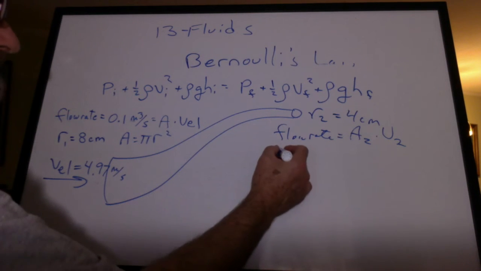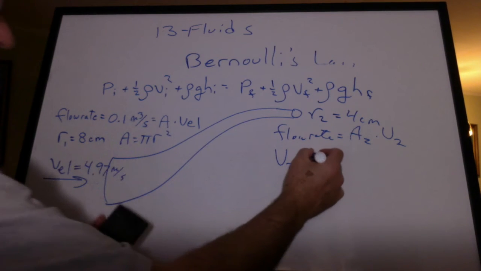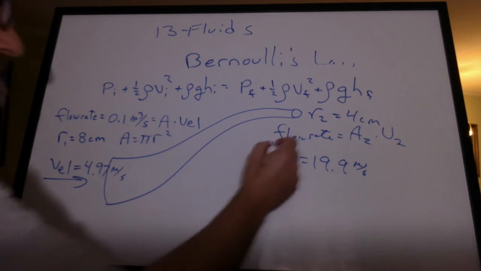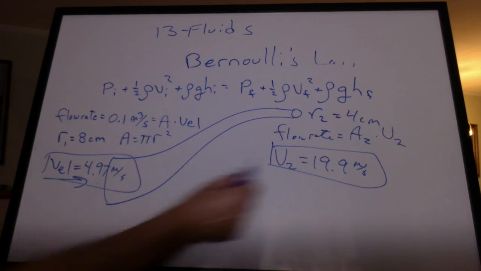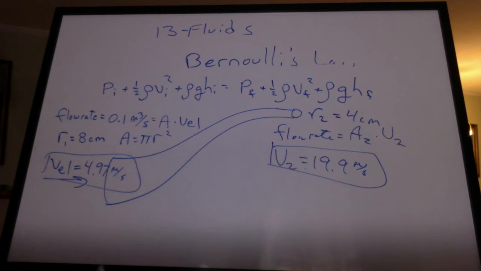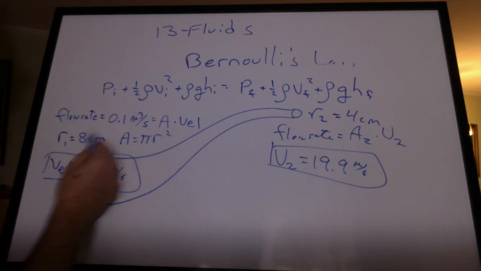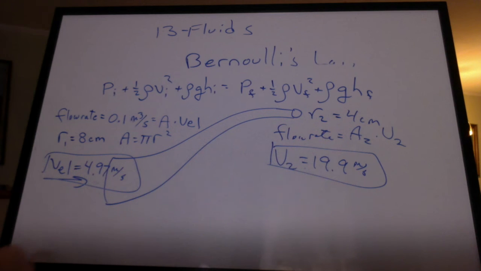So the velocity is going to be 19.9 meters per second. And that makes sense because it's 4 times greater. Why should the velocity be 4 times greater? Because the radius is cut in half, which makes the area cut to a fourth, which means the velocity's got to be 4 times bigger.